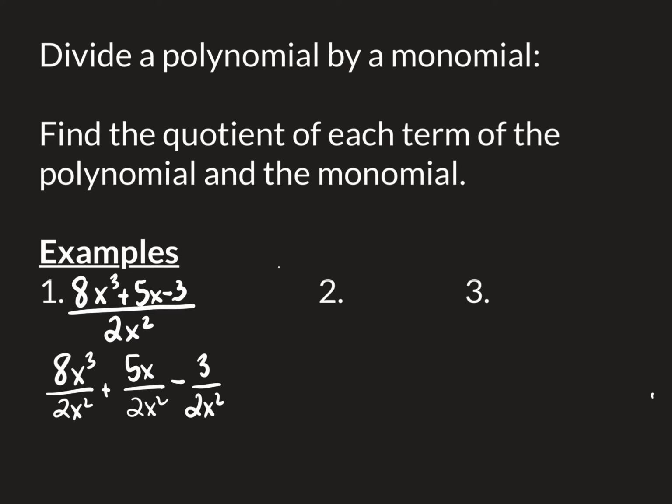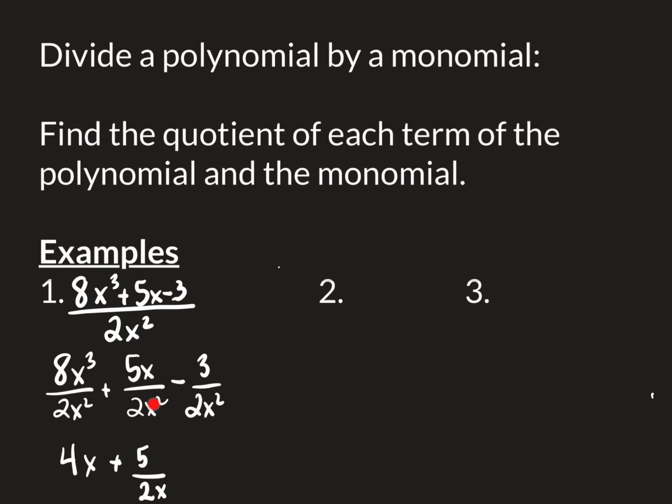8x cubed divided by 2x squared is 4. My exponent of my variable is largest in the numerator, so I'll subtract from there. X to the 3 minus 2 is x to the first power, plus 5 divided by 2 I cannot do, so I'm going to leave it as 5 over 2. X divided by x squared would leave an x in the denominator to the first power because I subtract 2 minus 1.